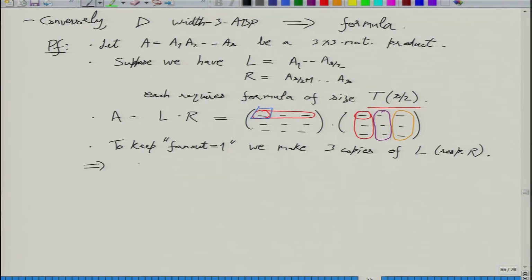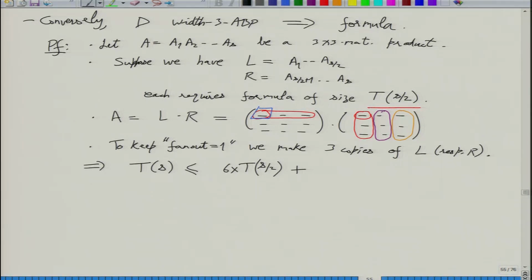So this gives the following recurrence. T of S is at most, so how many times T of S by 2? 6 times. And how much size are you investing right now?